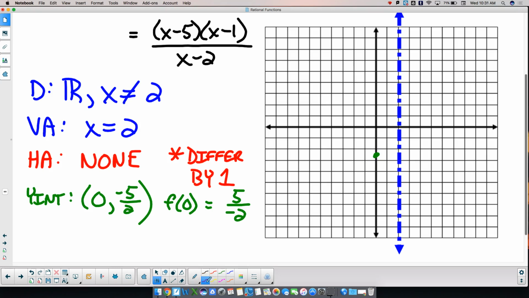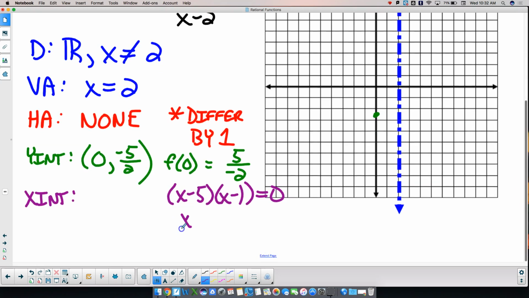My x-intercepts, I set my numerator equal to 0, x minus 5, x minus 1, set that equal to 0. That gives me x minus 5 equals 0, so x is equal to 5.